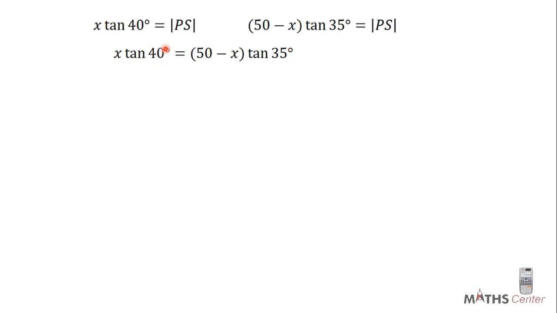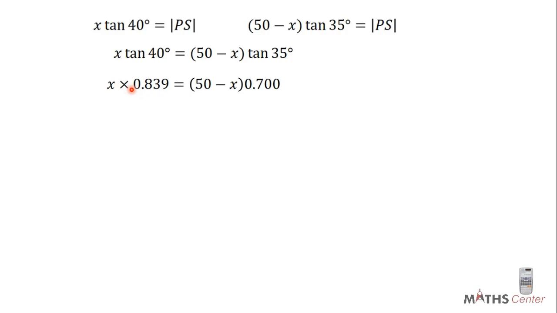We can find tan 40 degrees on our calculator. If you do that, you are going to have 0.839. So I corrected my answer to 3 decimal places. Usually, if you correct your answer to 3 decimal places, it's going to give you a more accurate figure than correcting it to 1 decimal place.